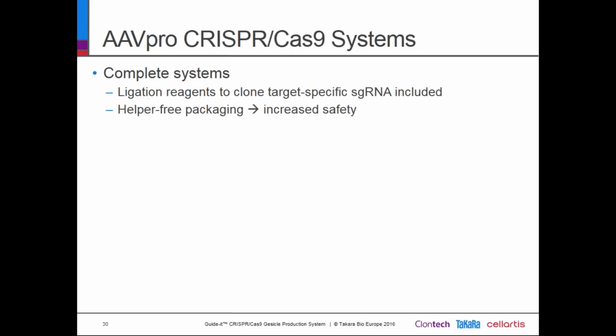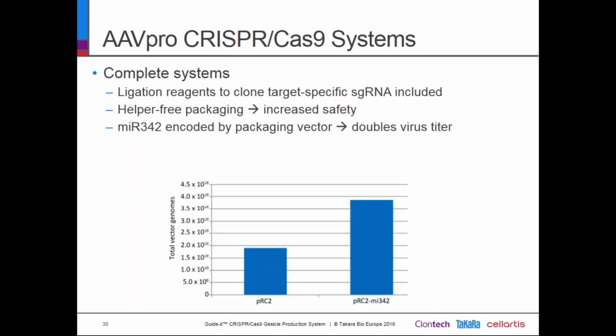Our AAV Pro systems use helper-free packaging, which increases the safety, meaning you do not need an adenovirus or herpes virus to produce your AAV. One of the packaging vectors also overexpresses a specific microRNA, and this doubles the virus titer.